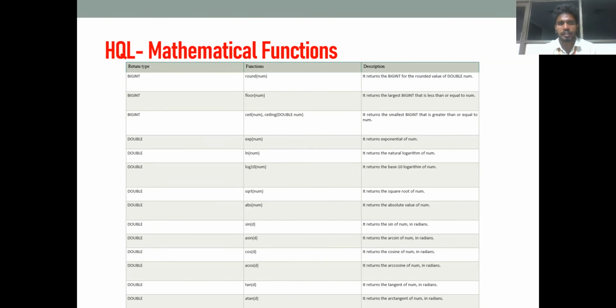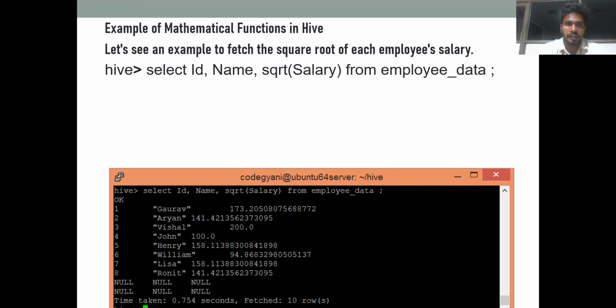And then mathematical functions. Here I have displayed a number of mathematical functions. In that we will use one to understand this concept. Let's see an example to fetch the square root of each employee's salary.